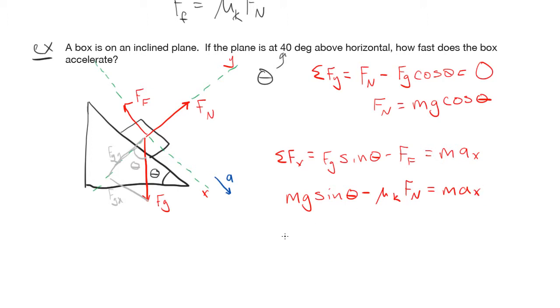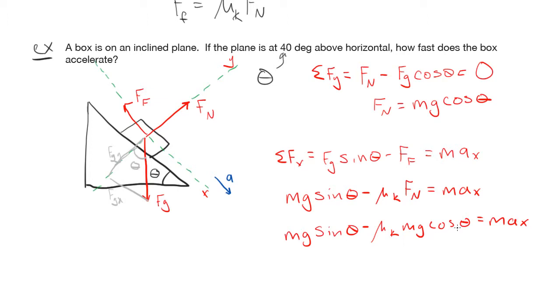If I keep going another step, I'll write mg sine theta minus mu sub k times F sub n. The normal force I already solved for in the y direction, so I can just plug in that term: mu sub k times mg cosine theta, equal to mass times acceleration in the x direction.